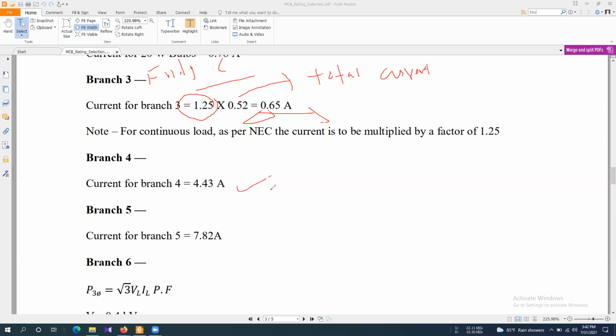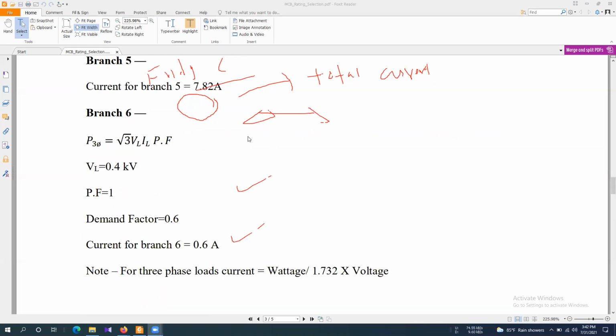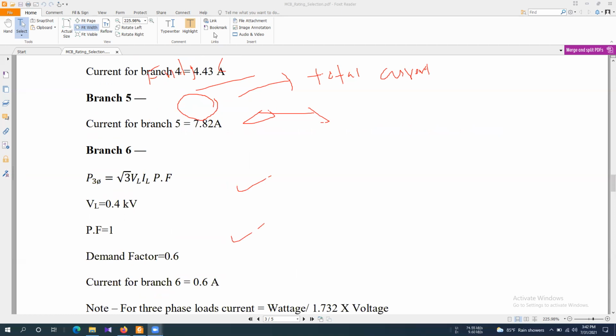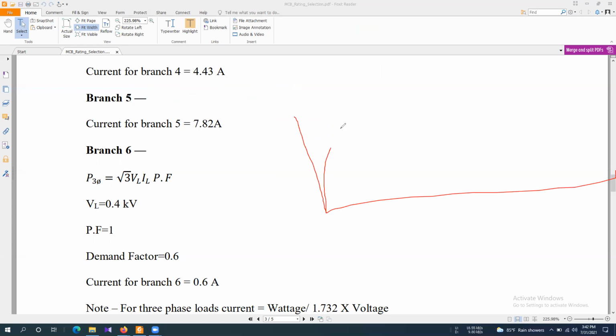Then branch 4, branch 5. Now come to motor. Motor has characteristics like this. This is the starting current and this is the nominal current.